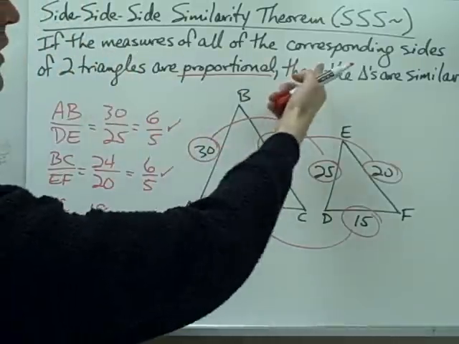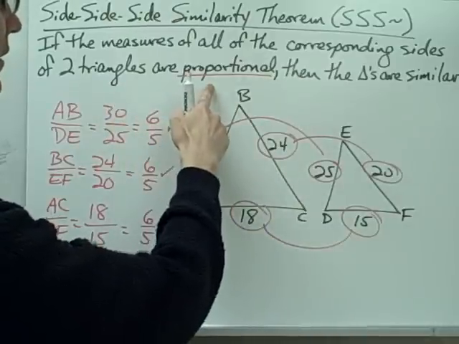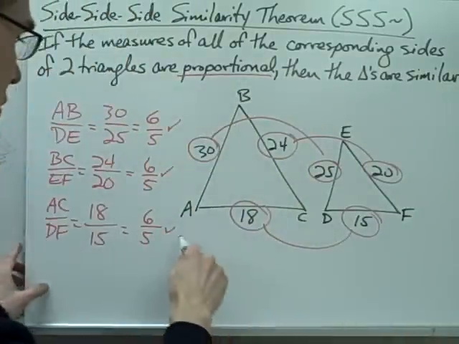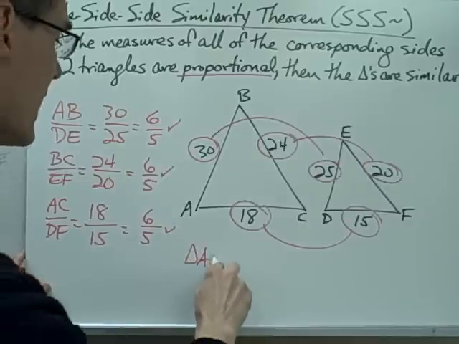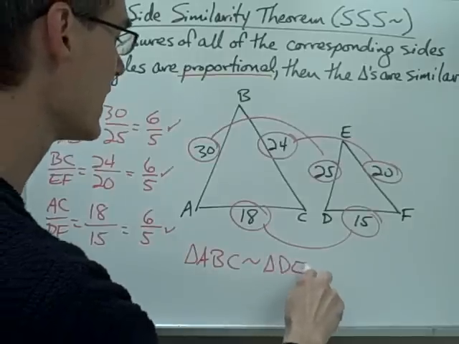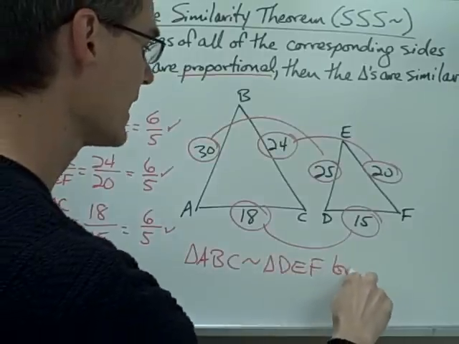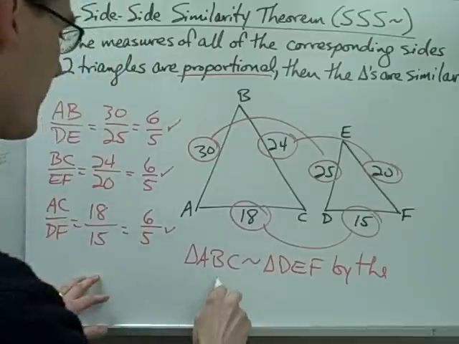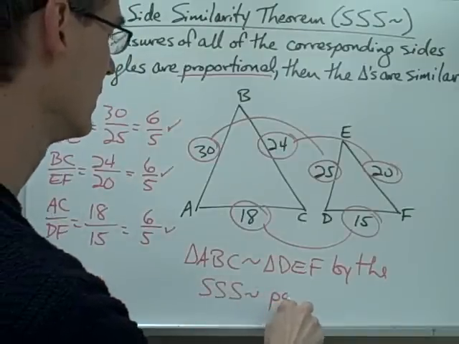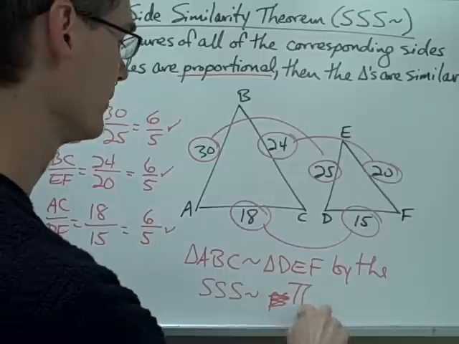And since the measures of all the corresponding sides of both of these two triangles are proportional, then I know that these two triangles are similar. So I can say triangle ABC is similar to triangle DEF by the side-side-side similarity theorem.